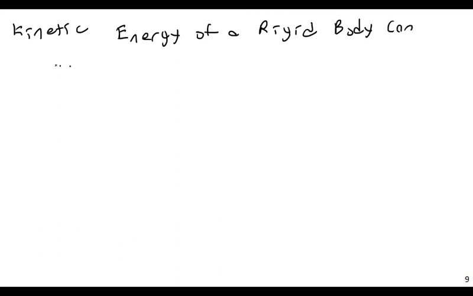So an individual particle cannot have rotational kinetic energy. However, a rigid body can. So the kinetic energy of a rigid body can be broken down into two pieces.